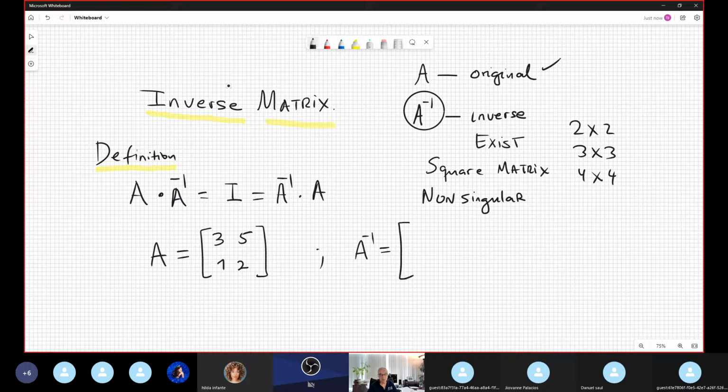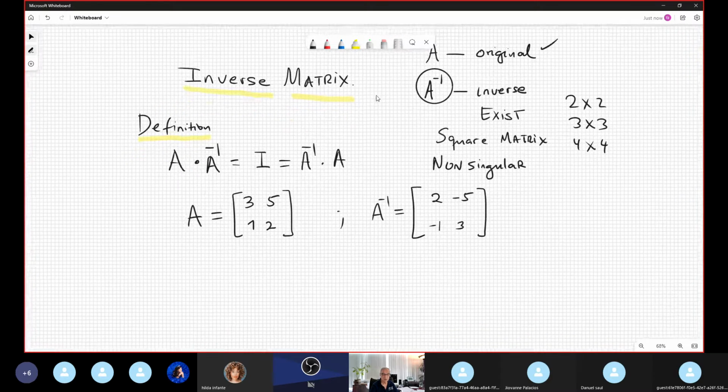I promise I will explain afterwards how you find the inverse matrix. In this case, 2, -5, -1, and 3. Well, professor, where does this come from? I don't have any idea. It's given. You want to prove that these matrices are inverses of each other.